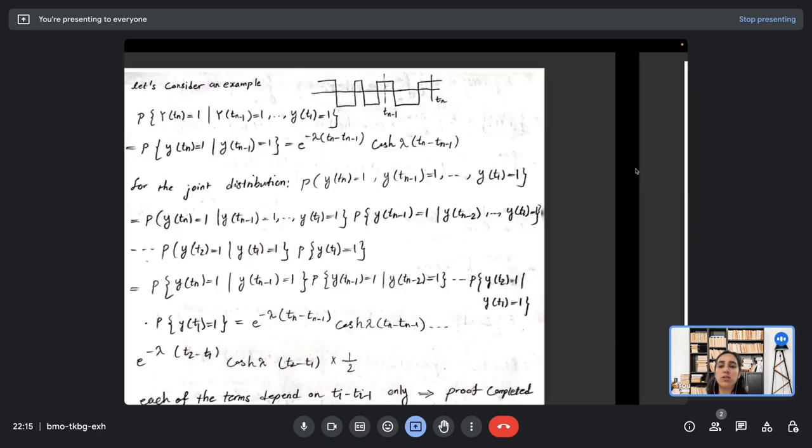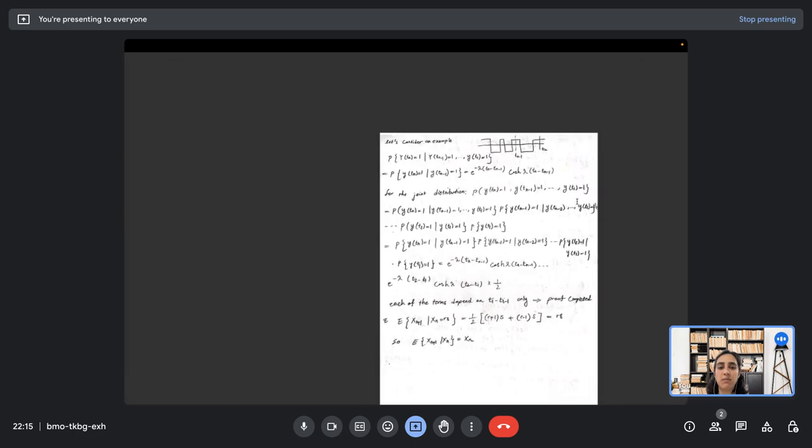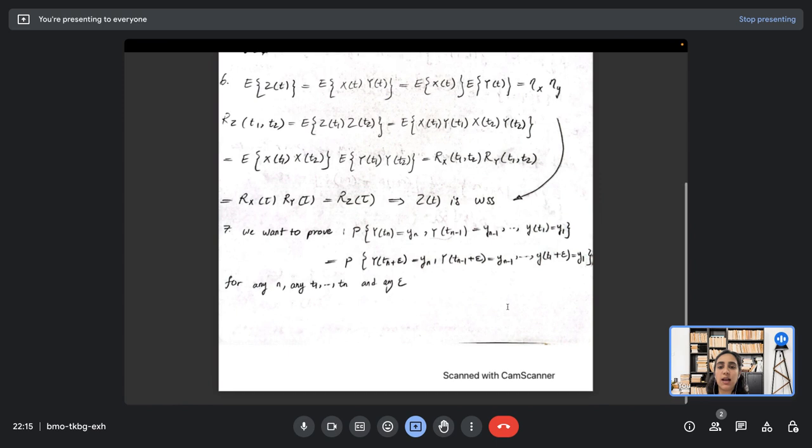Mathematically, the probability of y of tn equals yn, till y of t1 equals y1, which is a joint distribution, is equal to the probability of y of tn plus epsilon, a shift in time, equal to yn, till y of t1 plus epsilon equal to y1.